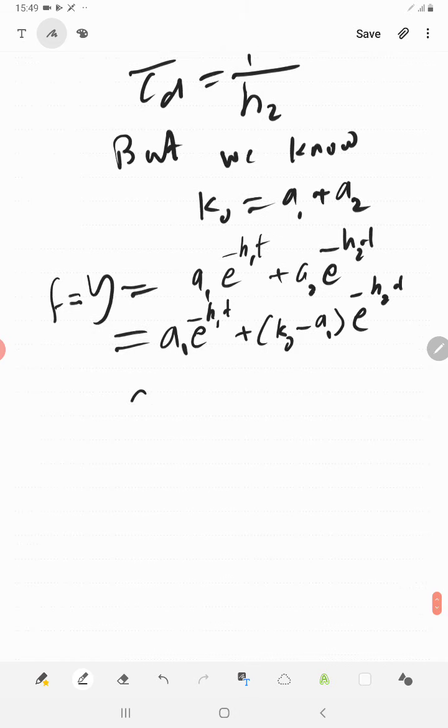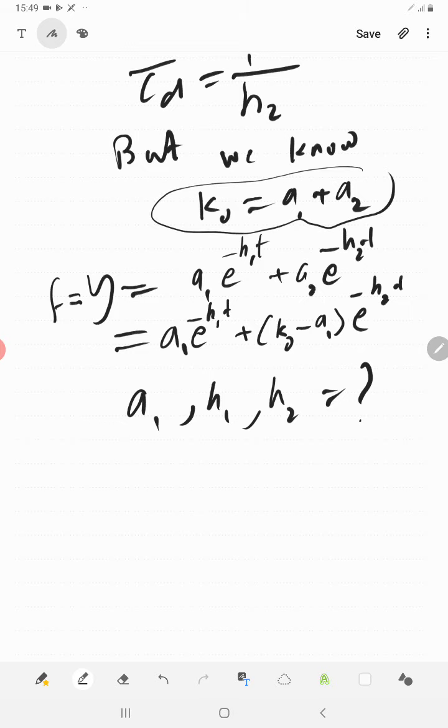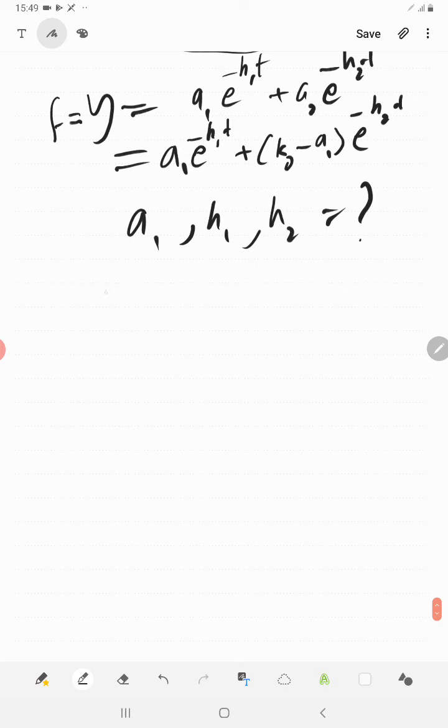So what we need is A1, H1, H2. We reduce the parameters we have to calculate to three: H1, H2, and A1. Once we know A1, we can calculate A2 from this relationship. How to do that?